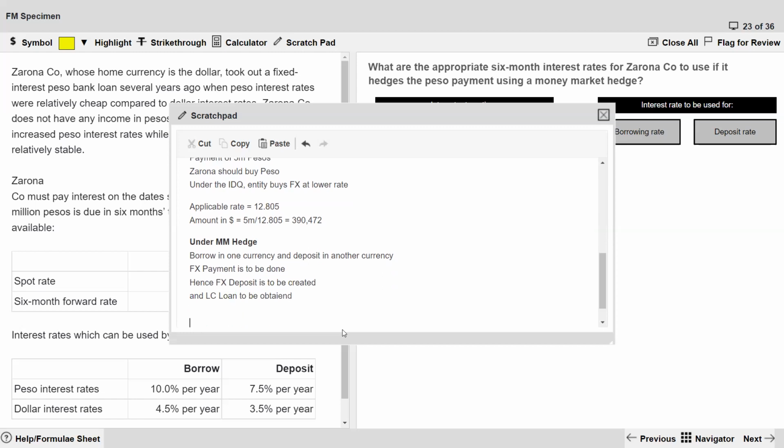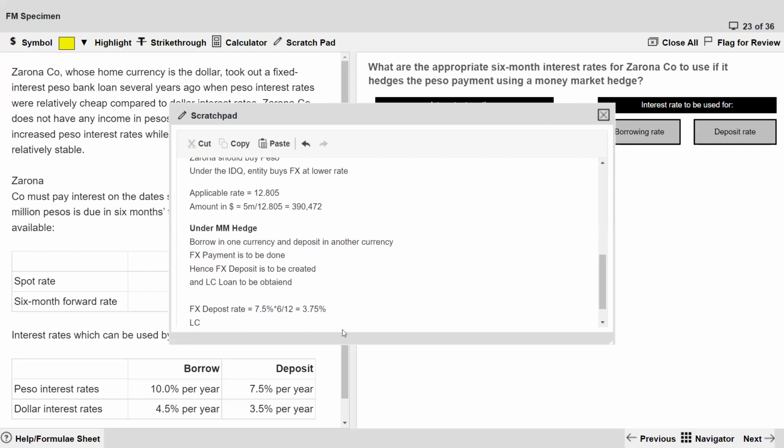So the foreign exchange deposit rate is 7.5% multiplied by 6 upon 12, which is equivalent to 3.75%. The local currency loan rate is going to be 4.5%.